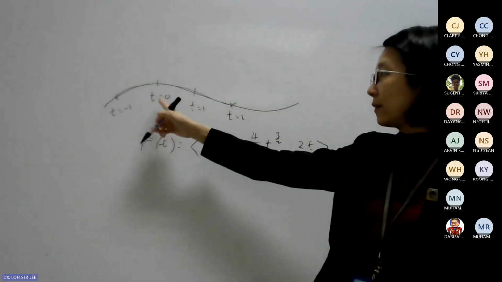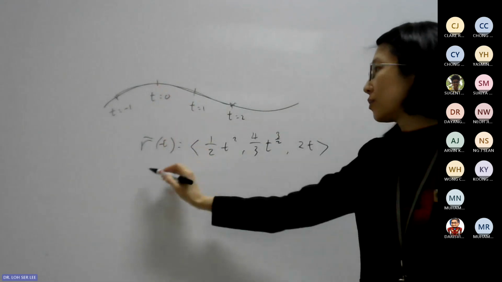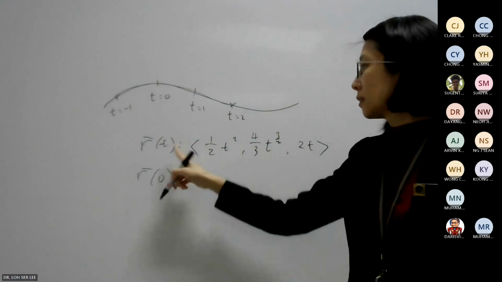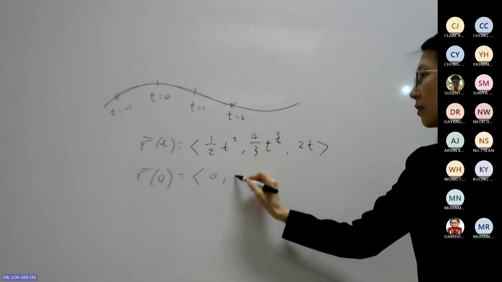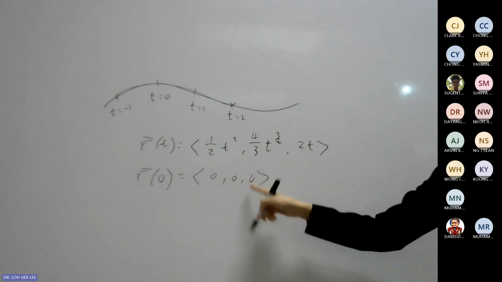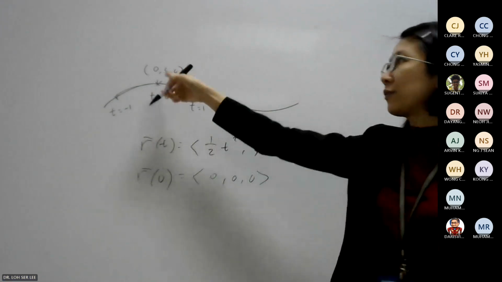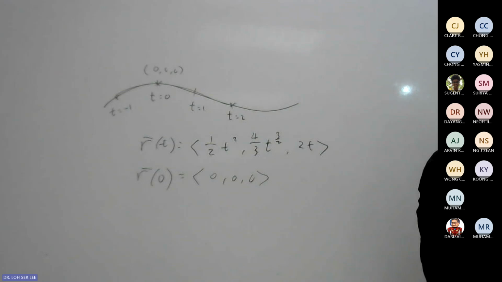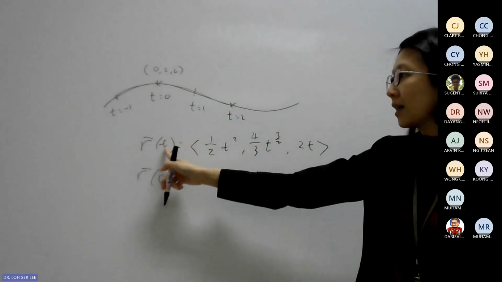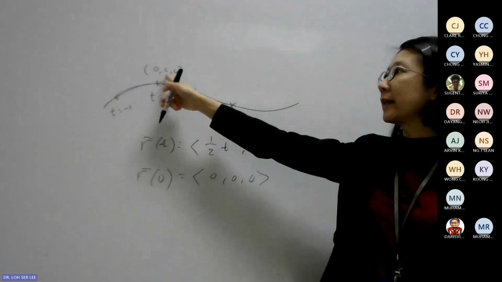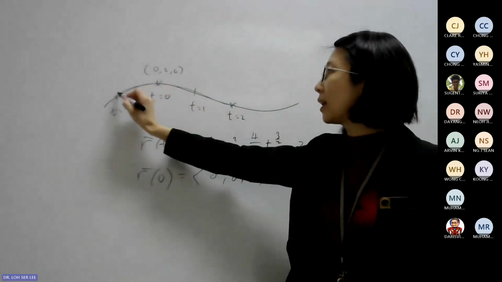Let's say when t equals 0, you get the point 0, 0, 0. We just need to substitute the corresponding t value into your arc, and you will get the point. So when you substitute -1, you will get a point.